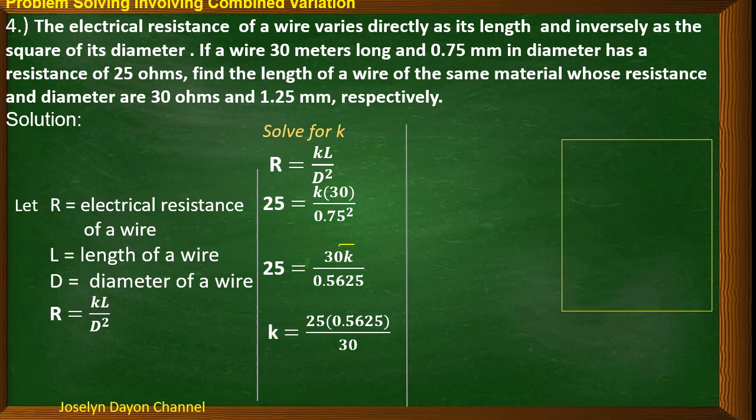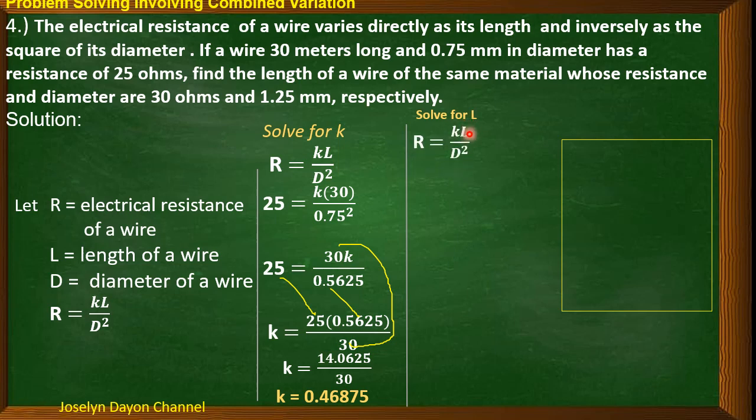Okay, this is now the denominator. Next, multiply 25 times 0.5625, that is equal to 14.0625, divided by 30, and the answer is 0.46875.